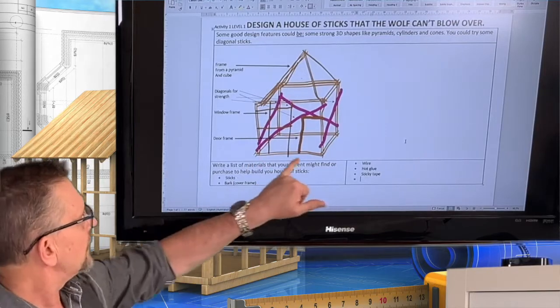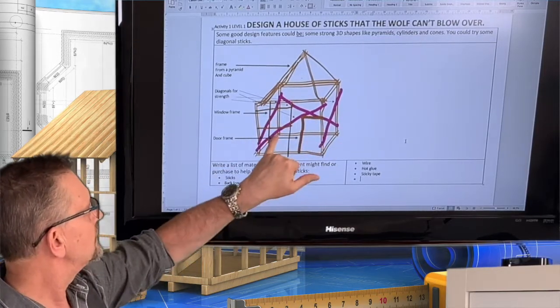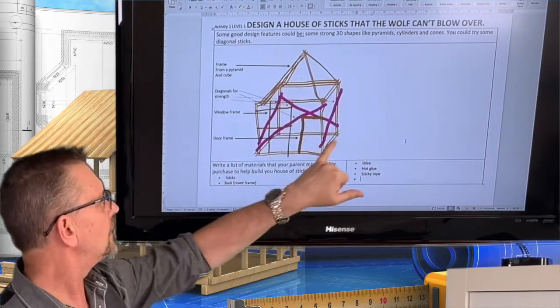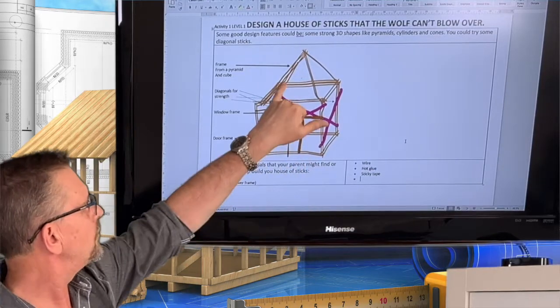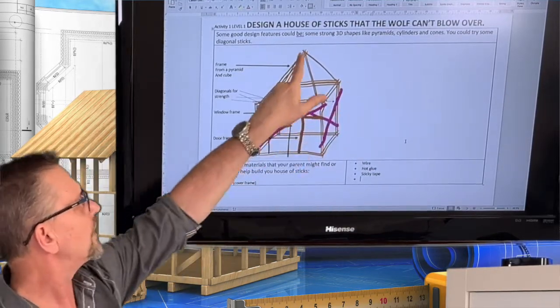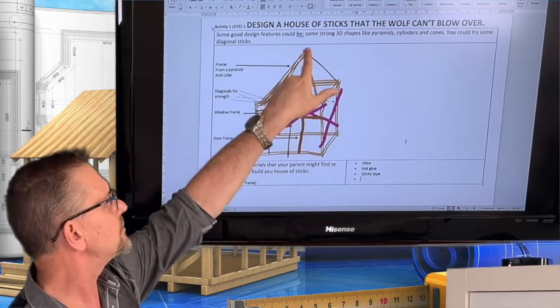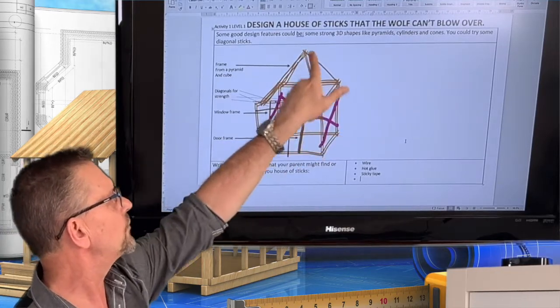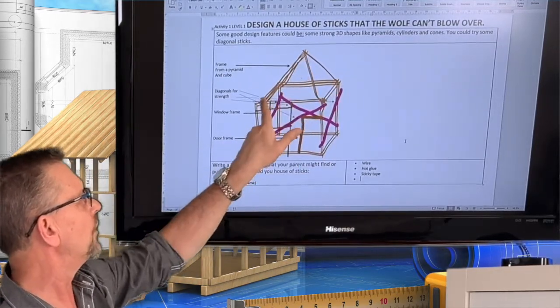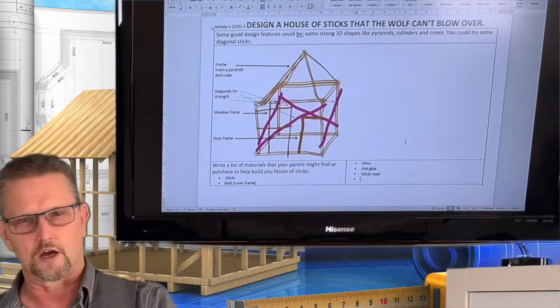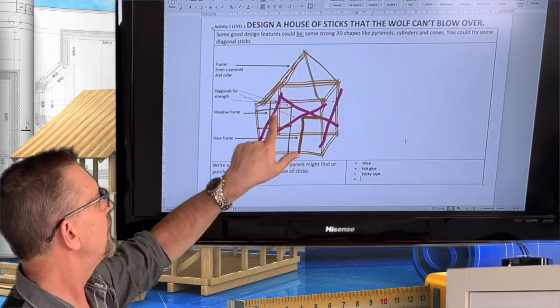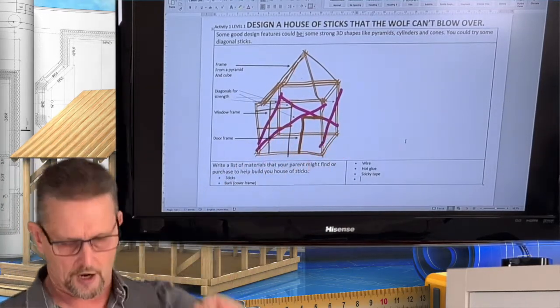You can see that I've done it here. One square there, same square here, and then I've just joined them up, and then I've put a dot right in the middle of the house up the top, and I've just joined all the tops of the cube together with those to make my design. And then I just put a door in, and I put a window in with some diagonals.